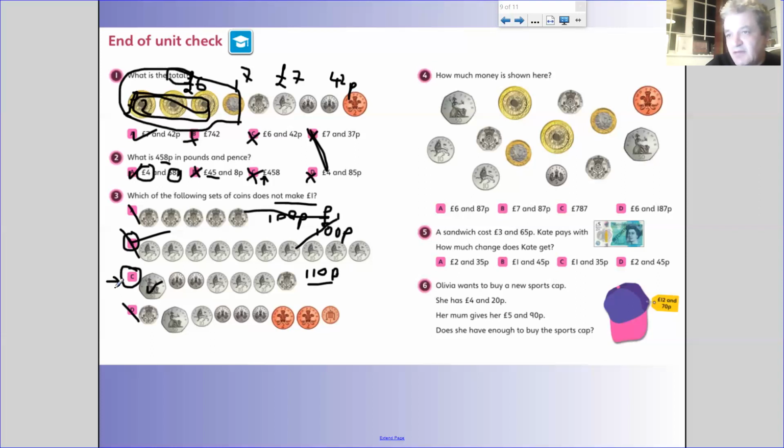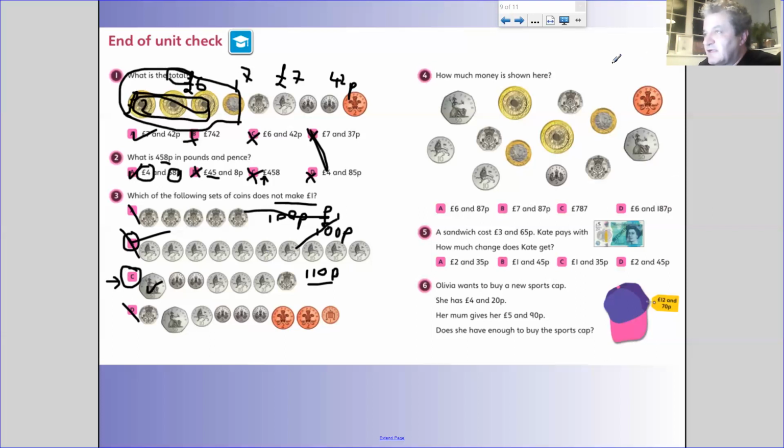That would be my answer. Let's move on to the next question. How much money is shown here? Okay, what are we going to do? How are we going to start this question if we had this in a text, or if we were given this as a question? Where would we start?